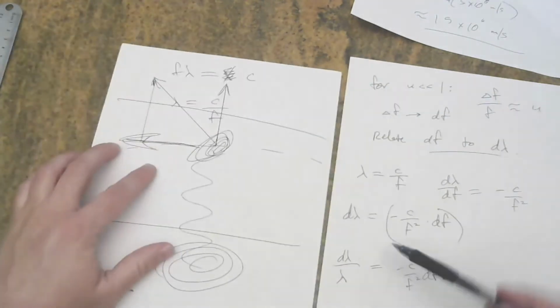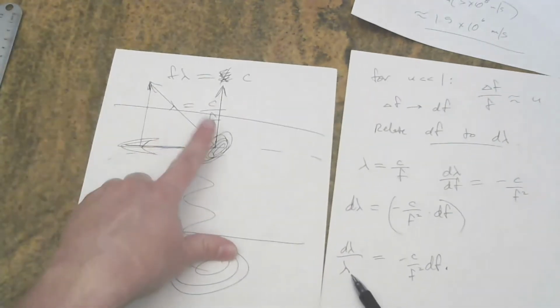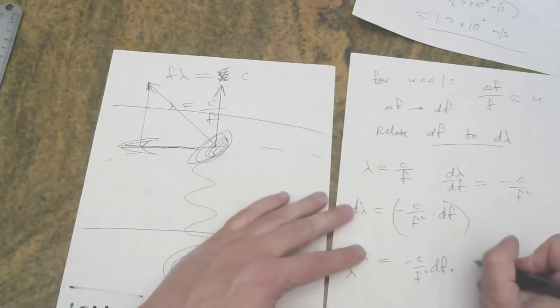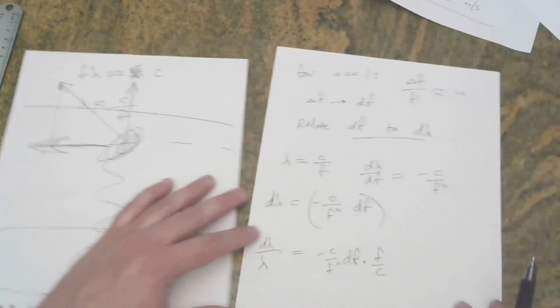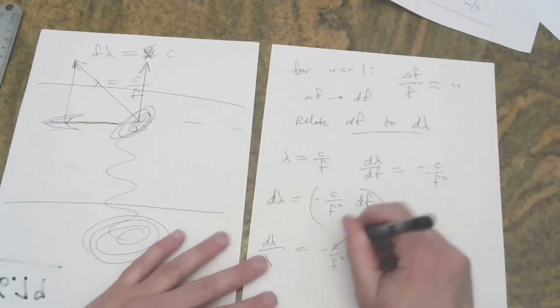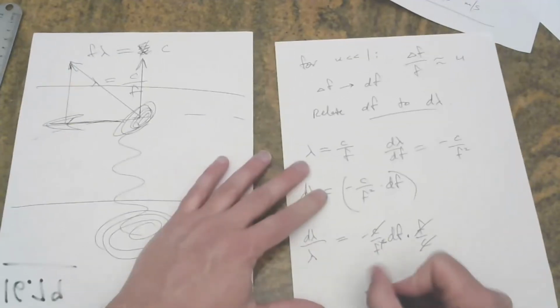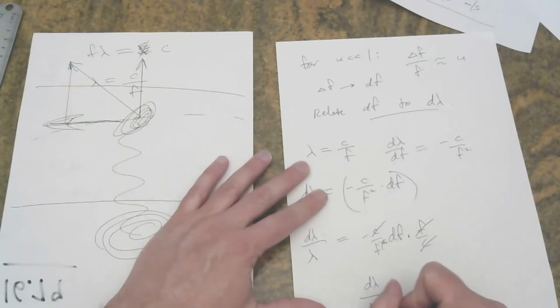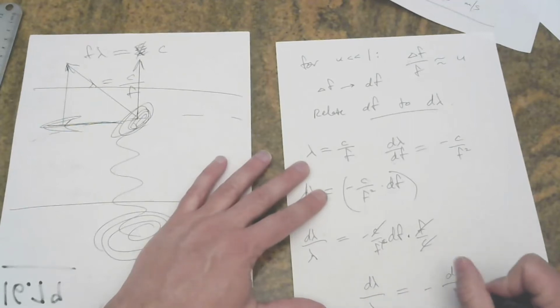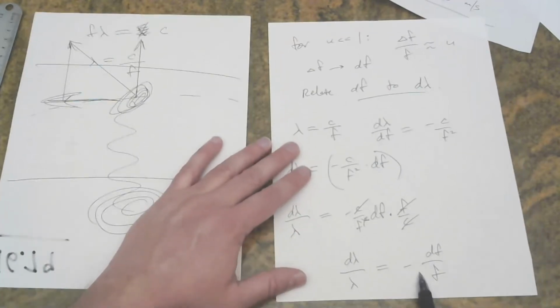Well, the reciprocal of the wavelength would be the reciprocal of this quantity, so I multiply by f over c. And do you see how the c's cancel? This f cancels one of those f's. And we find that the fractional change in the wavelength is just equal to the fractional change in the frequency with a minus sign.